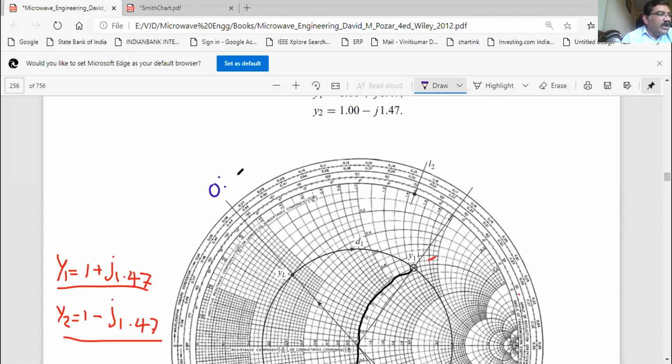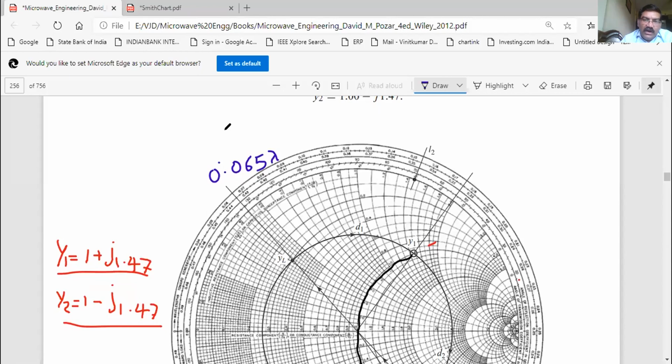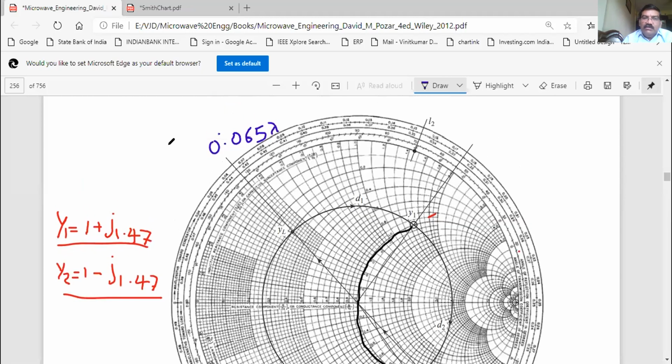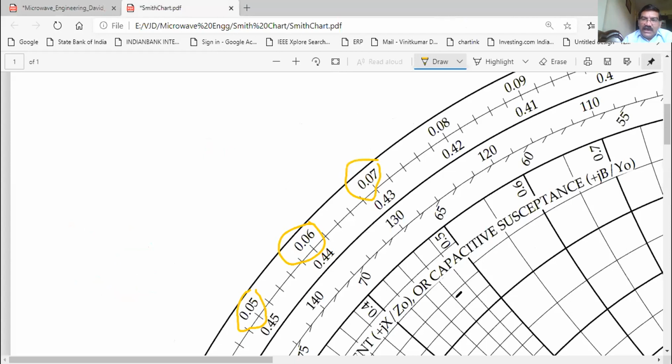That is 0.065 lambda, because it is in terms of the wavelength. It is not impedance, it is wavelength. 0.065 lambda. This is the value here, as it is not visible very prominently, so that's why I showed it in the previous Smith chart. I'll go back to this Smith chart.